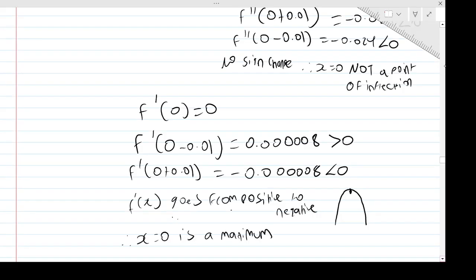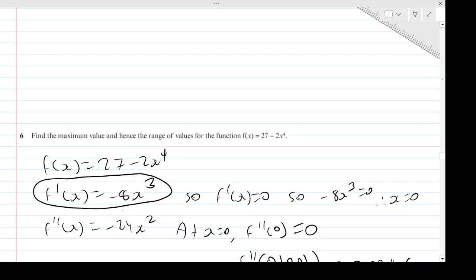Cool. Okay, so then as a point net, well, the maximum value of the curve is going to be, well, think about it. What's the curve going to look like? It's negative 2x to the 4, right? So remember, it's going to have an M shape like this.